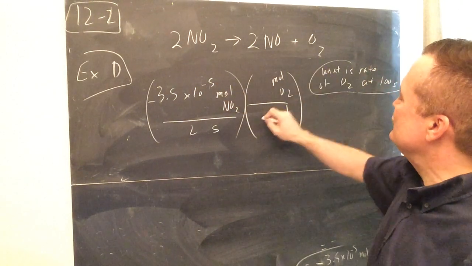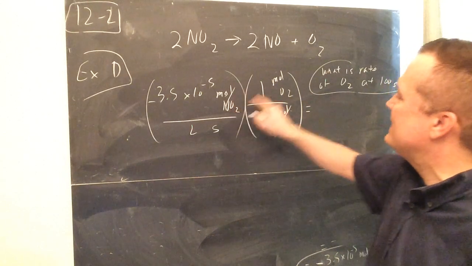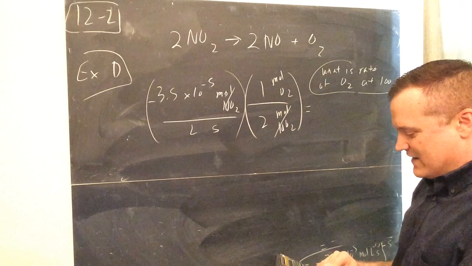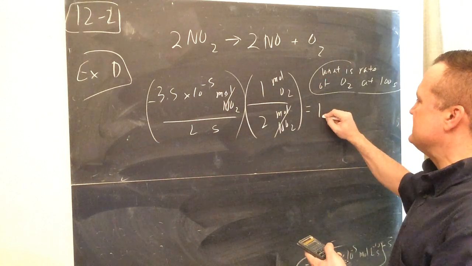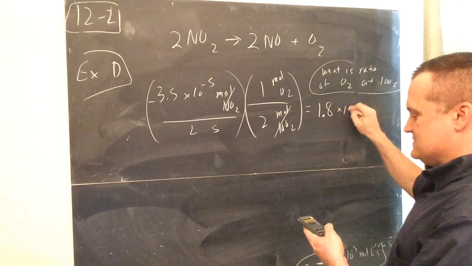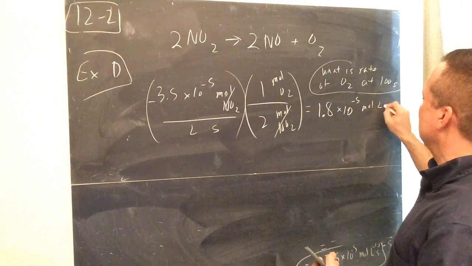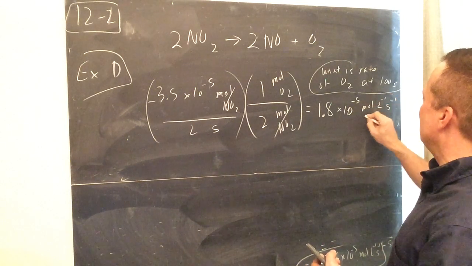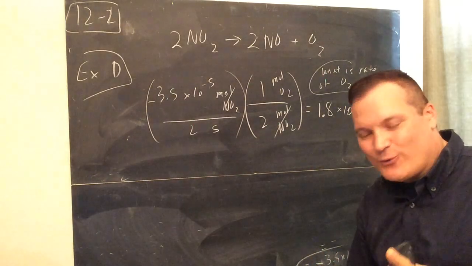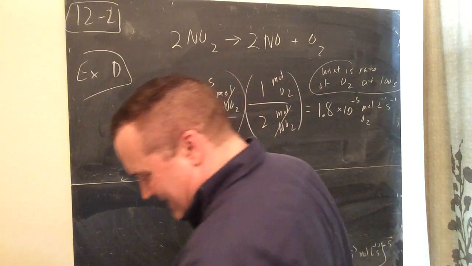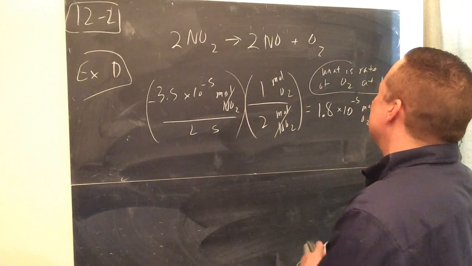Mole to mole, 2 to 1. So it will be just half of that rate. So the moles of NO2 will cancel. Now you have moles of O2. 3.5 times 10 to the negative 5 divided by 2 is 1.75, or really it's 1.8 times 10 to the negative 5 mole per liter per second of oxygen. You're going to put O2 there as well. That would be the rate for the oxygen. That's important, and I cannot believe I didn't have it in these notes earlier. I was reminded of it when I saw the next problem, what it didn't have.